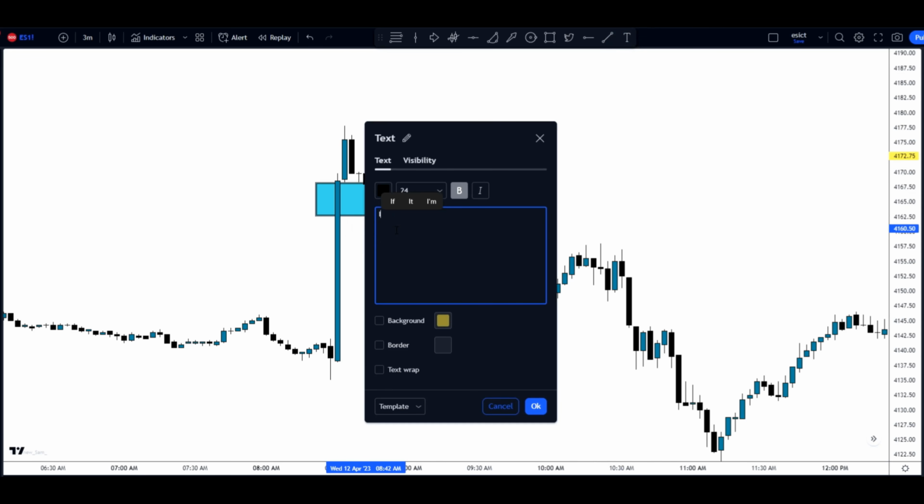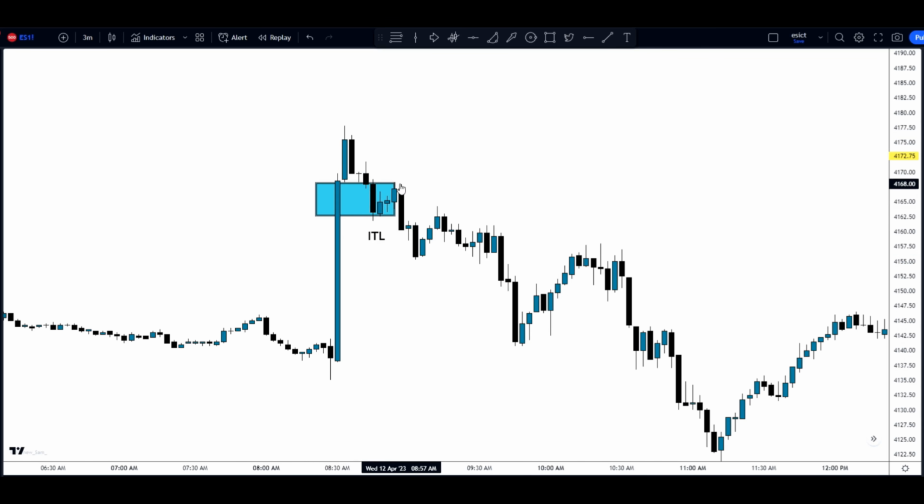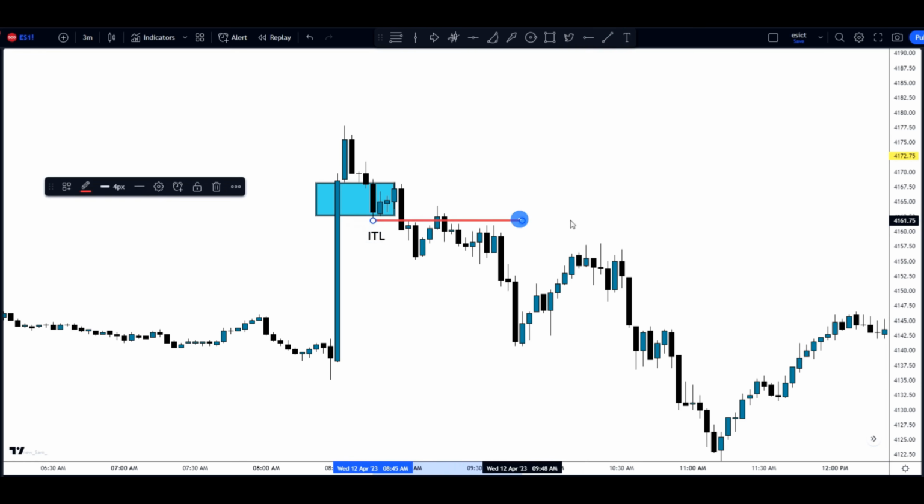It's really simple. There's not a whole lot that goes into it. Price comes up, fills the fair value gap, and then pops up, creating an intermediate term low, and then breaks it. So there is your intermediate term low broken, because if price was going to continue up in that direction, ITLs and ITHs would hold.